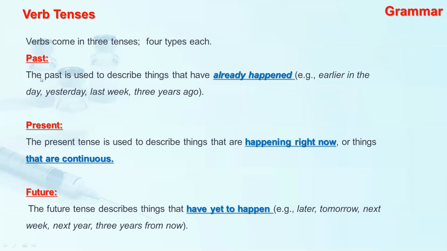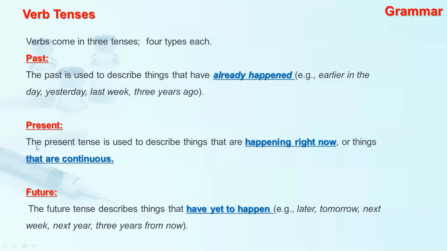The past tense is used to describe things that have already happened earlier in the day, or yesterday, or last week, or 3 years ago. So here we have a time reference in the past. Actions already happened in the past. That's why this is the first tense, past.